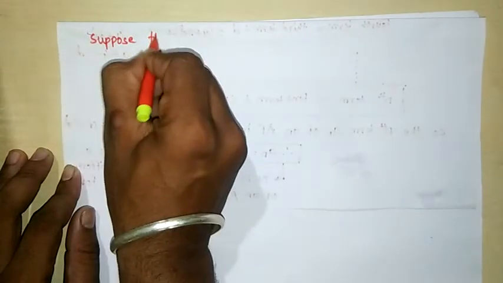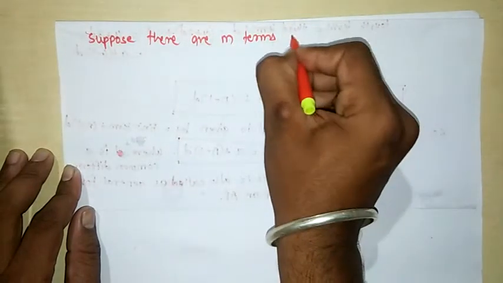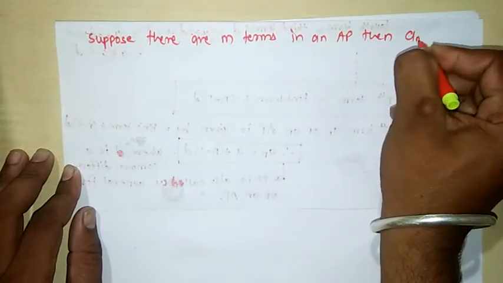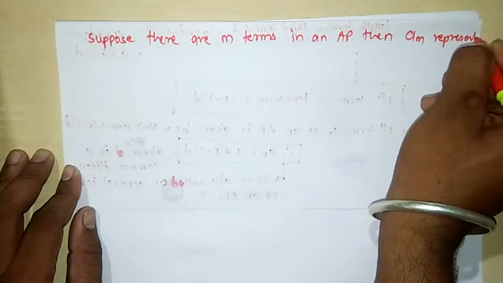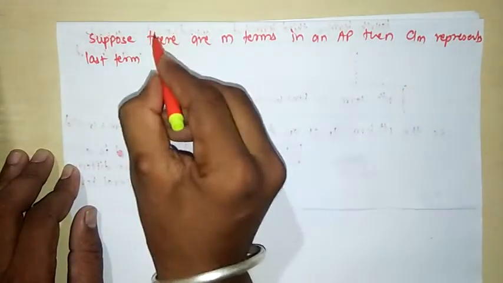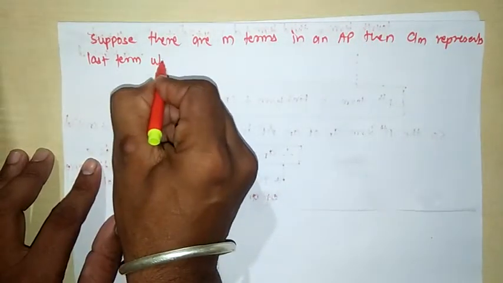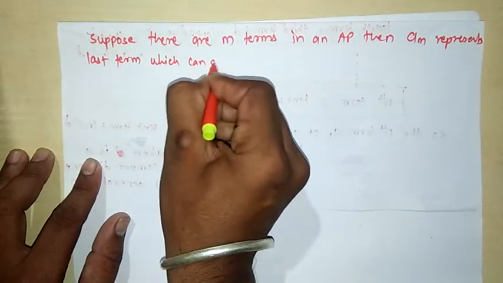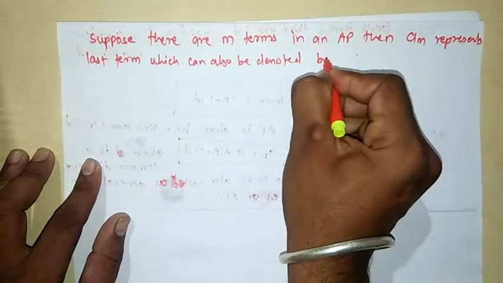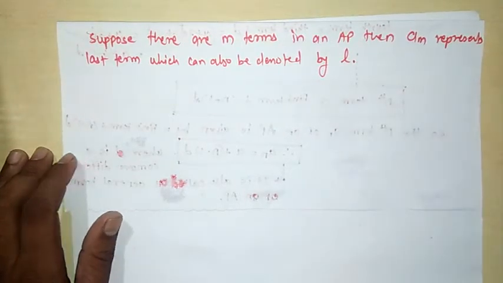Suppose there are m terms in an AP, then AM represents the last term, which can also be denoted by L. Remember this.